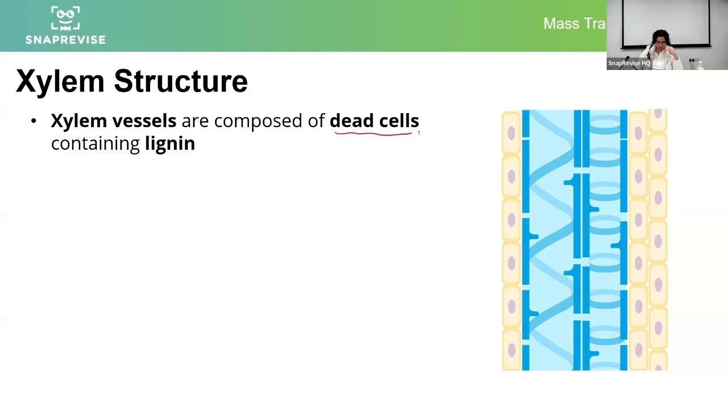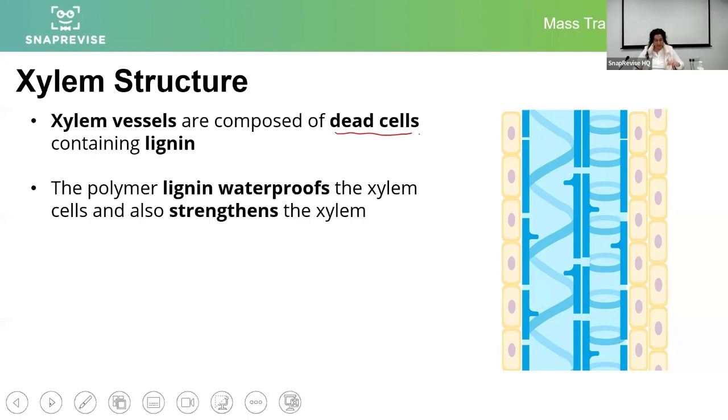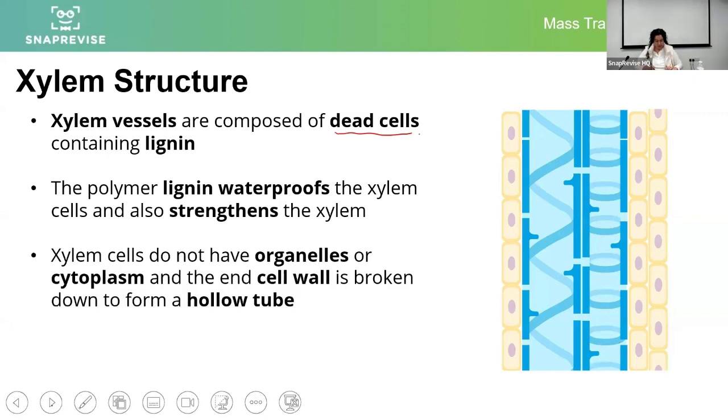And as the plant matures and the xylem matures, these cells basically become dead. How? You can see here that there are no end plates between them, there are no borders between them. There are no end membranes or cell wall, it's broken down to form a single hollow tube. So this here is a single hollow tube.